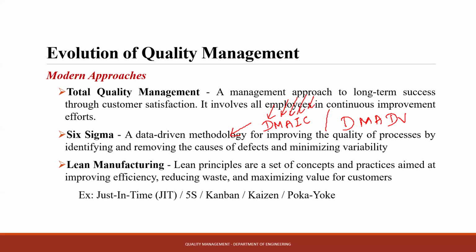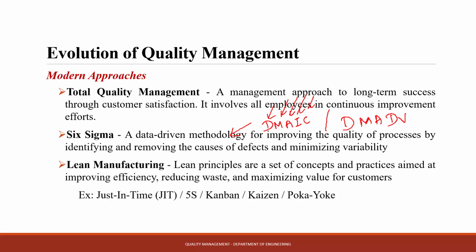Five Japanese terms are there. The English terms are sorting, setting order, shine, standardize, and sustaining. To well organize the workplace, improve the efficiency and ensure safety in our workplace, we can follow the 5S standards.